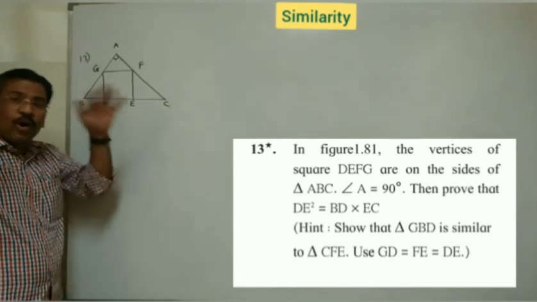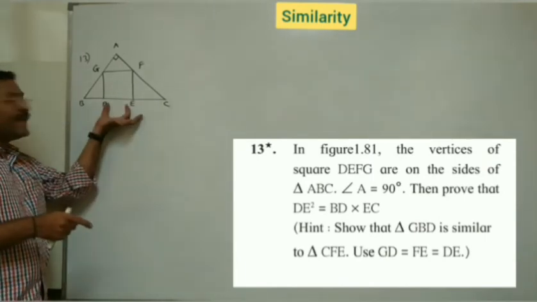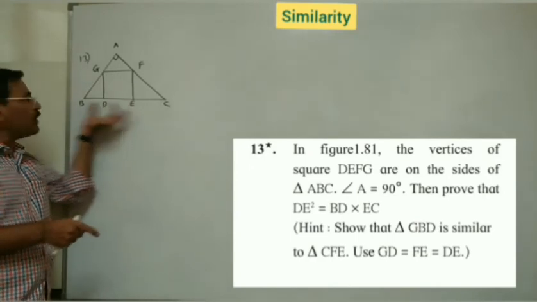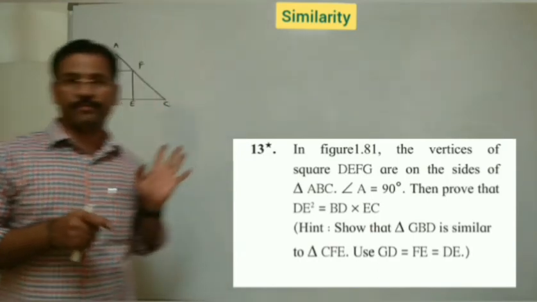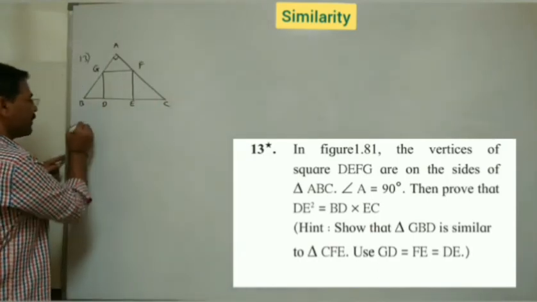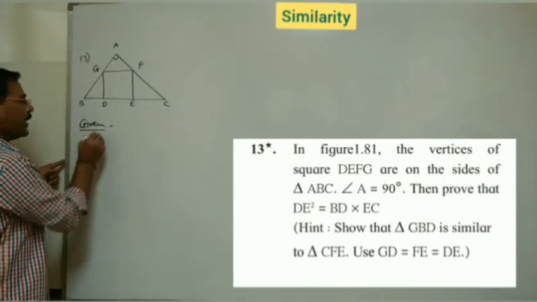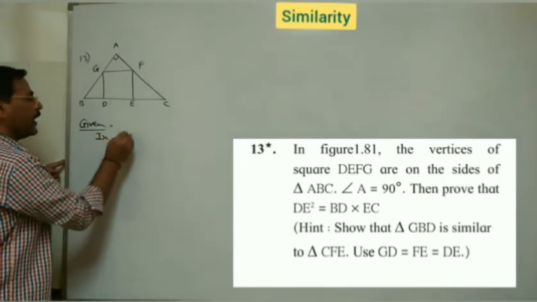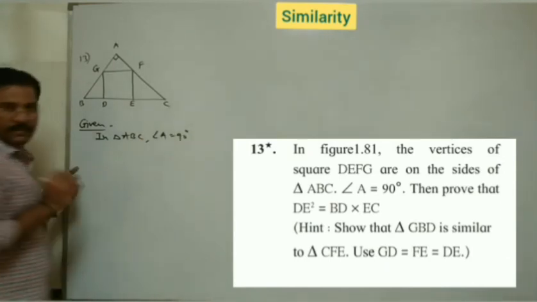Okay. So from all this information, what do we have to prove? We have to prove DE square is equal to BD into EC. This is our proof. Okay. See first, I'll write the given part. What is given? In triangle ABC, angle A is a right angle.